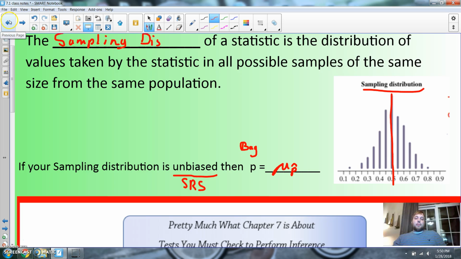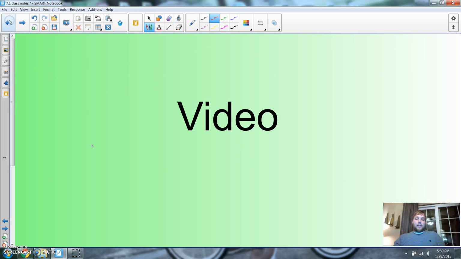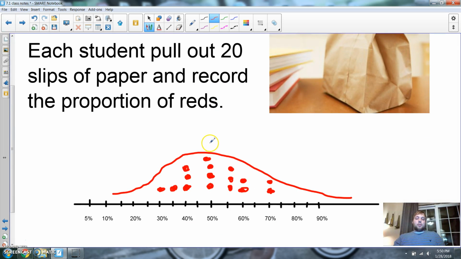So in our bag, guess how many are in our bag? This isn't the whole sampling distribution, but the center of our samples is at 50. The mean of our samples, remember this is the symbol for sample, is right there. So guess what our P probably is? Our P is probably at 50% too. So I'm guessing there's 50% red, which means with 200 cards, I bet there's 100 red. And by the way, there's 100 red in the bag.